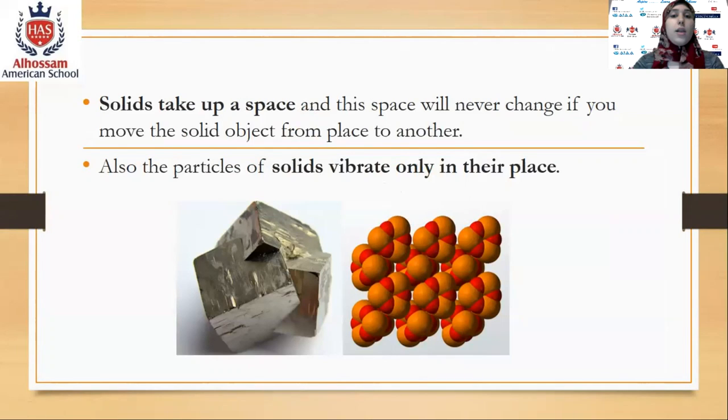Solids take up a space, and this space will never change if you move the solid object from one place to another. What does this mean? If you have a pen, or your mobile phone, it is considered a solid matter, right? Excellent, because it's a hard substance.